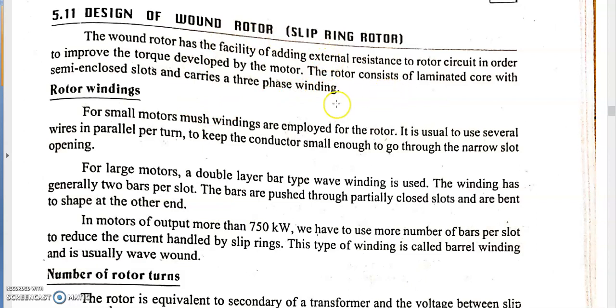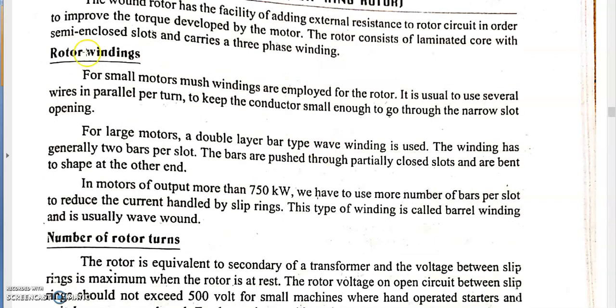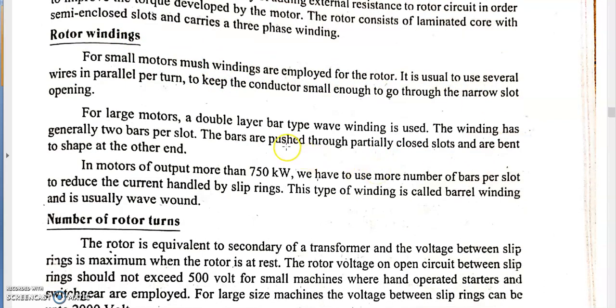This slip ring rotor consists of the same laminated core as the squirrel cage rotor, with semi-enclosed slots, and it is wound for a three-phase AC winding. For small motors, the rotor winding is a mesh winding. For larger motors, a double layer bar type wave winding is used.